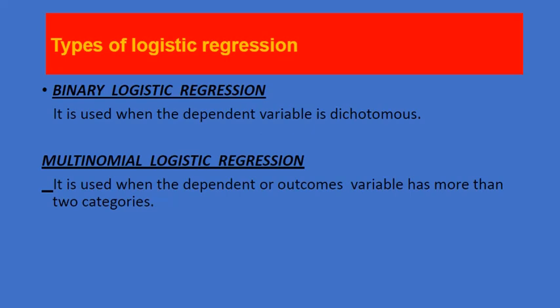So this depends upon the nature of the problem which you are solving through regression, or on the basis of your data set. If your data set or the problem is resulting in two categories, then your problem will fall under the binary logistic regression case, and you will need to use binary logistic regression in order to solve that problem.